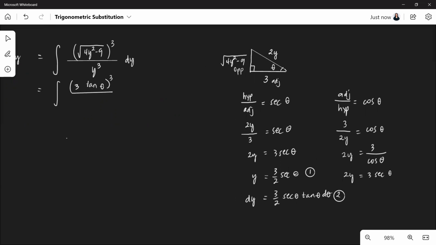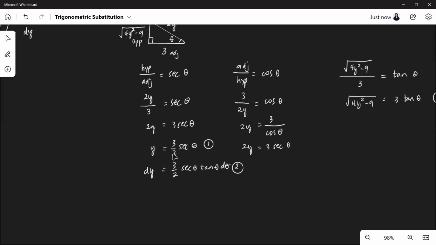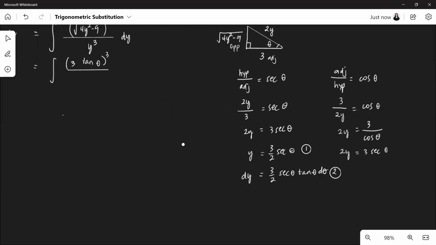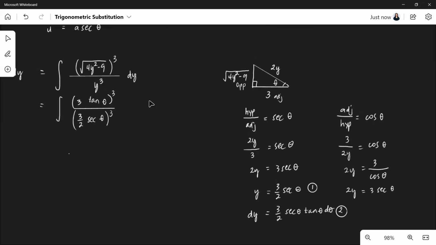And for the y cubed, it's 3/2 secant theta, quantity raised to the power of 3. And the dy. Before writing the dy, as you can see, it's this over y, and you can write it as one fraction and then raise the entire fraction to the power of 3, right?